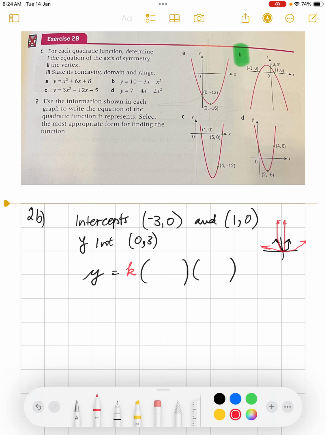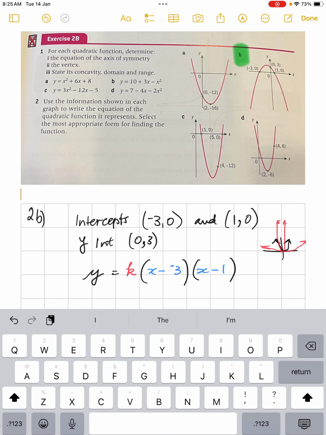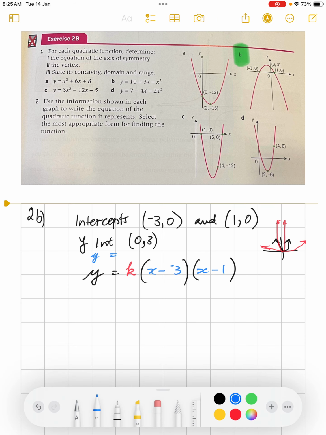So we've got to have some k for the stretch factor. Let's just remember that. So we've got x minus -3, and we've got x minus 1. So this is using the concept of x minus a and x minus b for the two turning points.